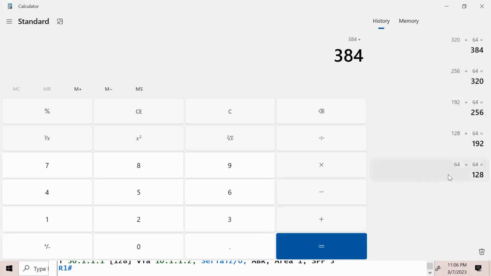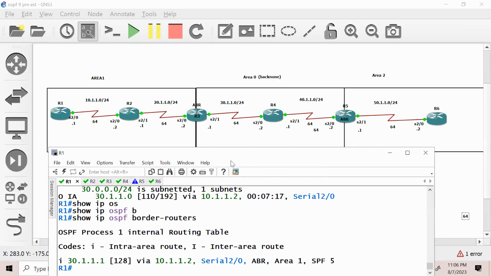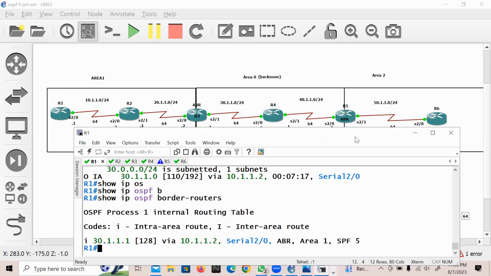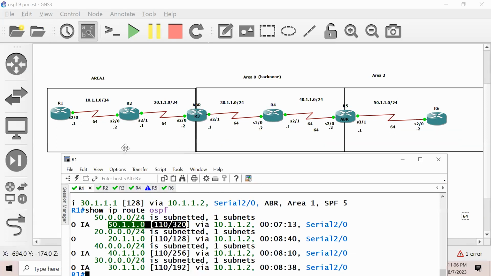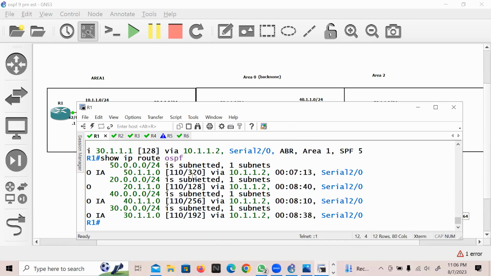So it should be 384? I will check if I am getting any route from there. Show ip route ospf. So see, only one route I am getting, with 320, right? Yes. I think I calculated wrong. 5 times 64 is 320. You calculated 6, I calculated 5. It gave me 320 on my setup, yes, 320 is right.